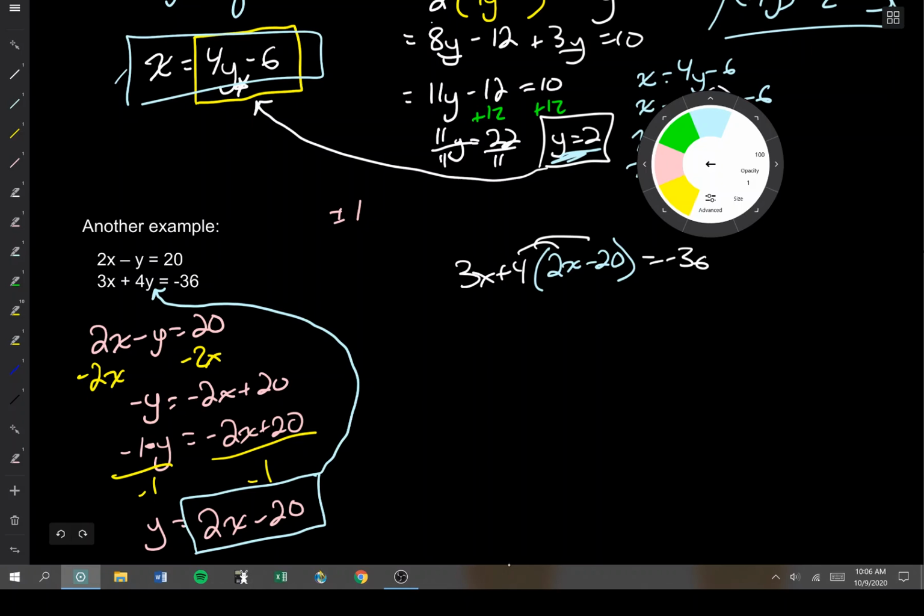Okay, I'm going to solve this for x now. I found what y is equal to, but I've got to go through and find x now. So I get 3x plus 8x minus 80 equals negative 36. Combine my like terms: 11x minus 80 equals negative 36.